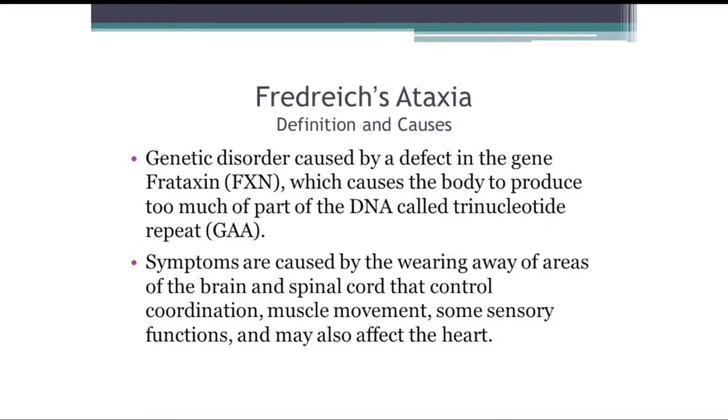The next disease is Friedreich ataxia. This is a genetic disorder caused by a defect in the gene frataxin, which causes the body to produce too much of a part of the DNA called a trinucleotide repeat, GAA.